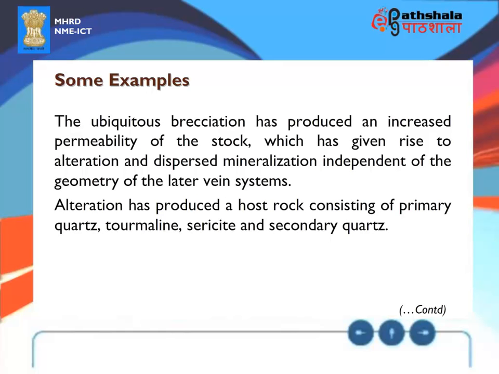The ubiquitous brecciation has produced an increased permeability of the stock, which has given rise to alteration and dispersed mineralization independent of the geometry of the later vein systems. Alteration has produced a host rock consisting of primary quartz, tourmaline, sericite, and secondary quartz.